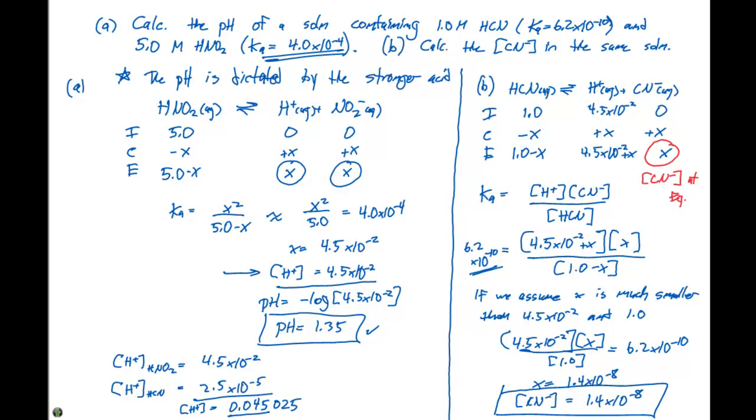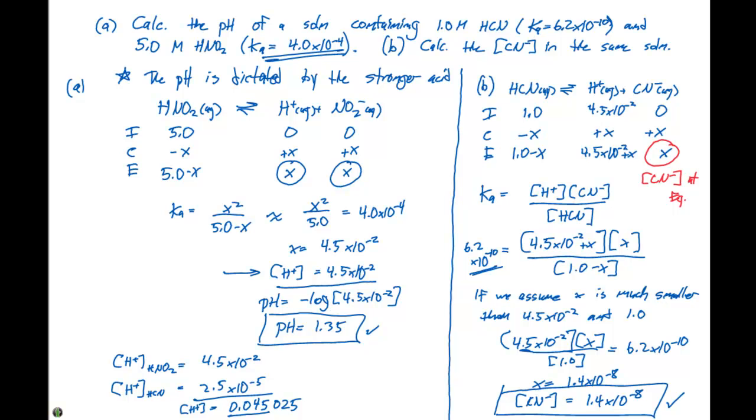And if we compare this, 4.5 times 10 to the minus 2 plus 1.4 times 10 to the minus 8 is roughly the same as 4.5 times 10 to the minus 2. Likewise, 1 plus 1.4 times 10 to the minus 8 is going to be 1. So we can definitely use those assumptions in order to calculate the concentration of CN minus, which turns out to be 1.4 times 10 to the minus 8.